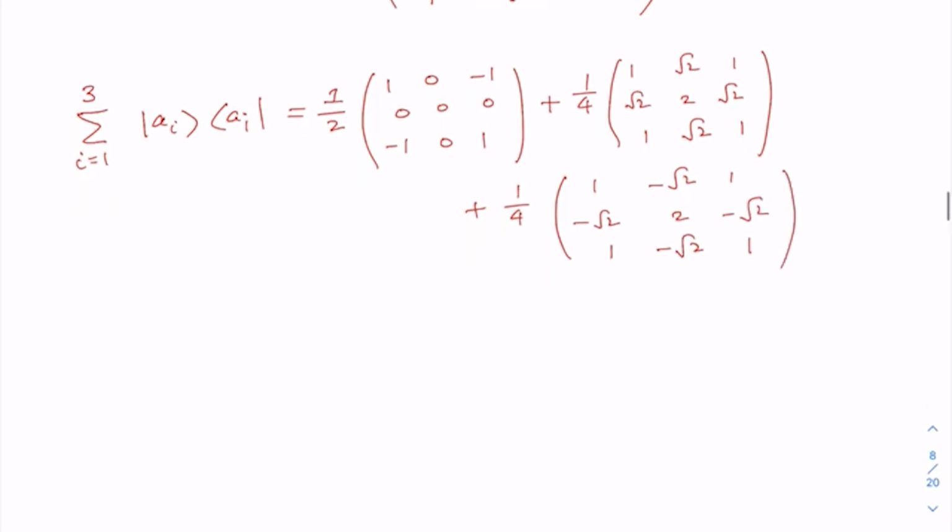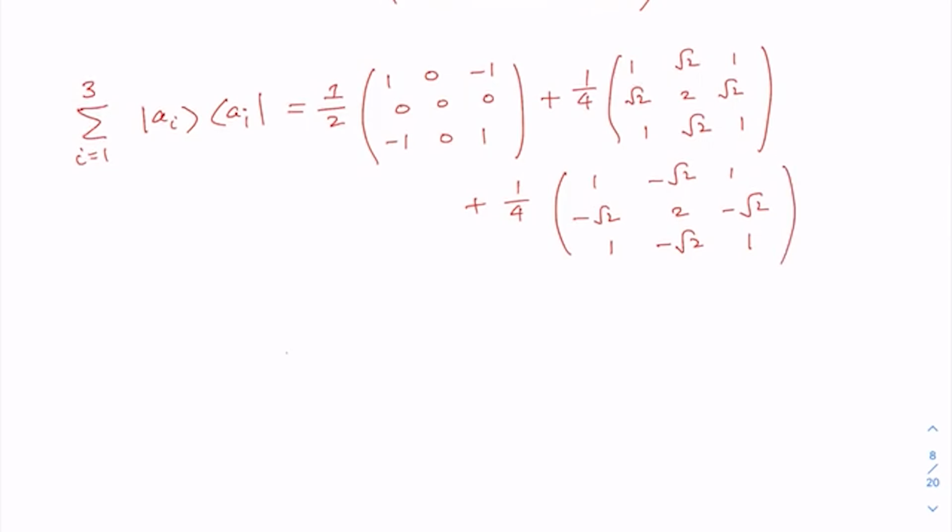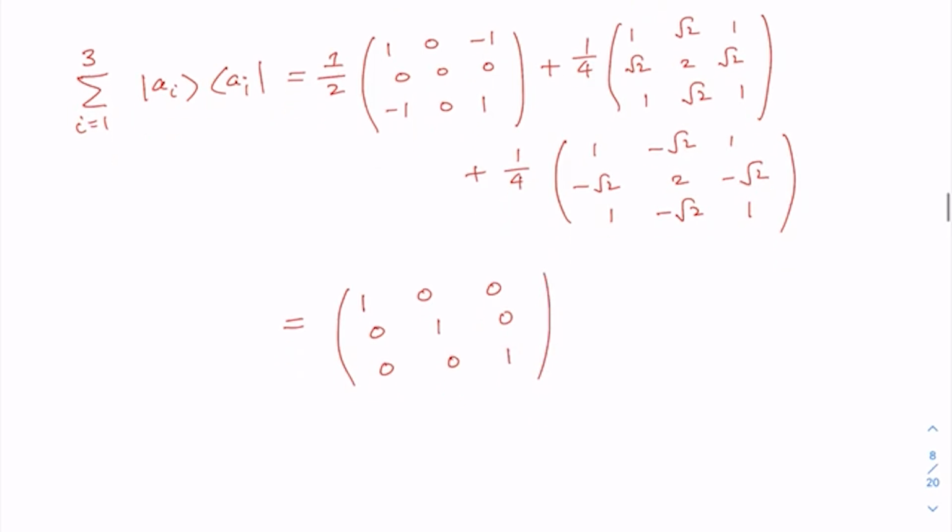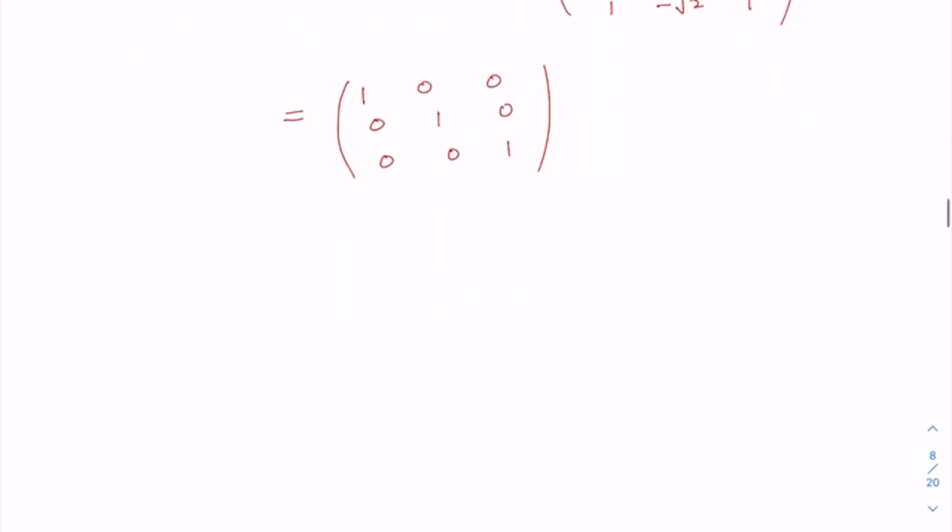You just have to sum it up. In fact, if you sum it up, you will finally get (1, 0, 0; 0, 1, 0; 0, 0, 1). So that is the identity matrix. Therefore we proved that this set of eigenvectors a1, a2, a3 forms a complete basis.